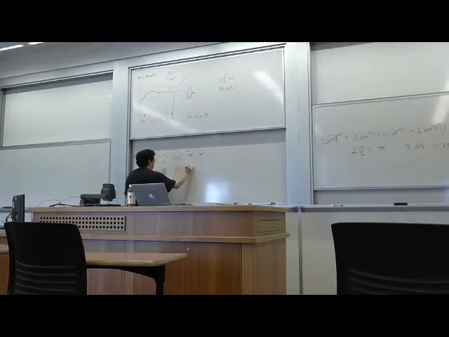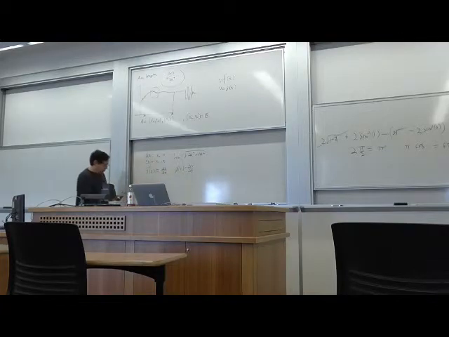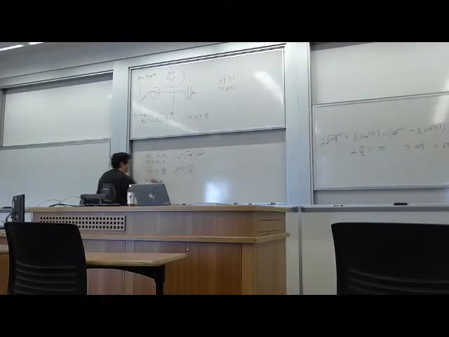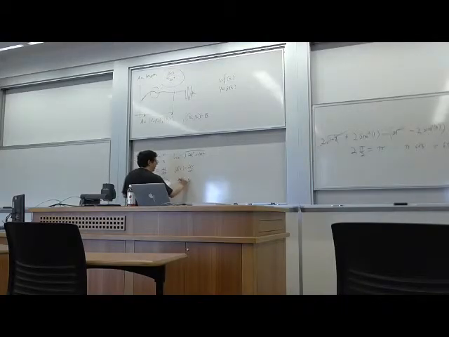G prime of t is just the change in y over that, if you like, time interval. So we could express delta x as delta t times the derivative, and delta y as delta t times the derivative, approximately.